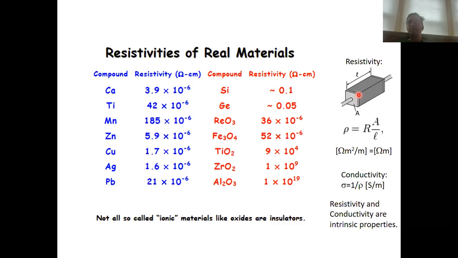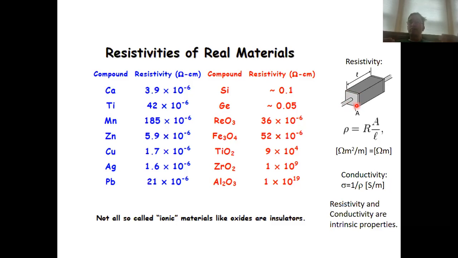Now my resistance is further inversely proportional to the area. That is because as my current flows through the resistor, by having a larger area, the electrons have more paths to flow around points of resistance.